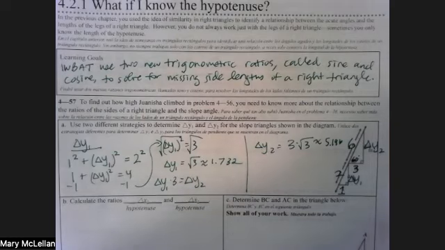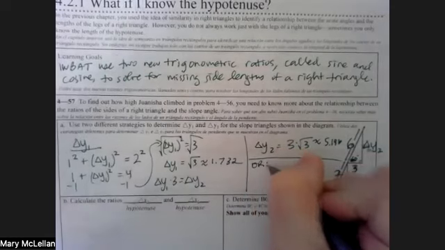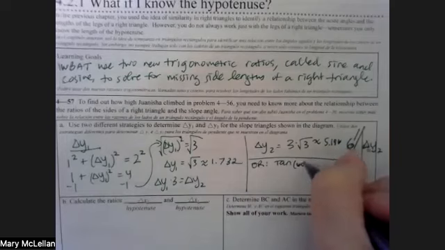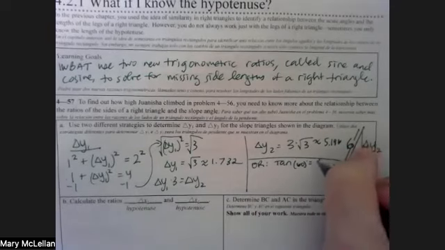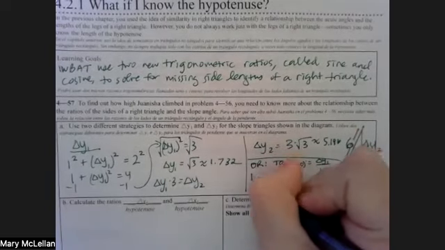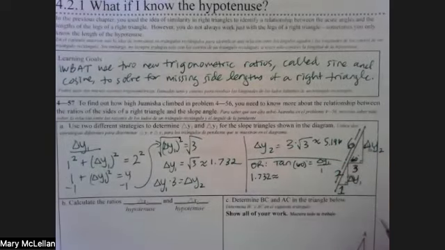Another way that I could do this would be with tangent. I know tan of 60 degrees is going to equal change in y1 over 1. And that means that 1.732 is about equal to change in y1.